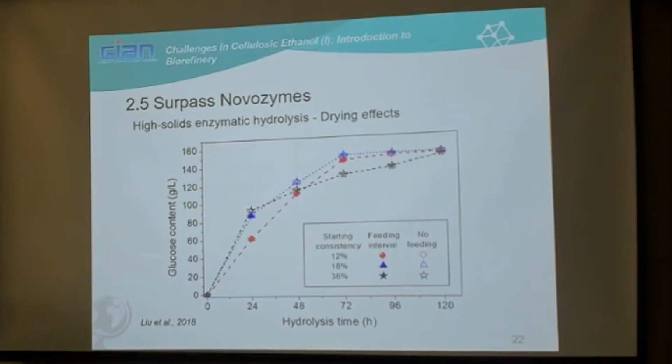After 120 hours, the glucose produced from the royal palm biomass is the same, over 150 grams per liter. If all of it can be converted to ethanol, the ethanol content is around 80%.